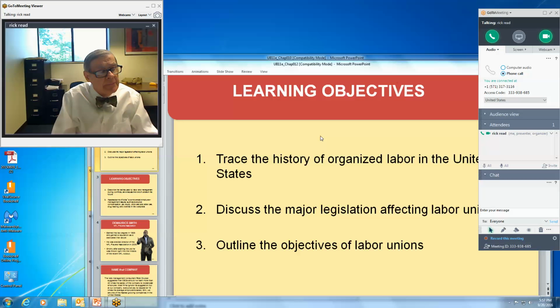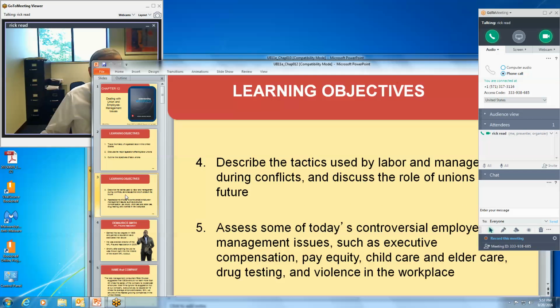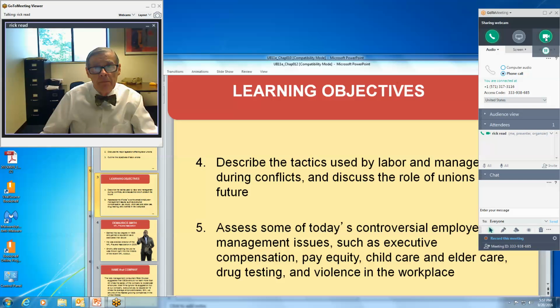All right, chapter 12, dealing with union and employee management issues. The objectives here are to give a brief history of organized labor in the United States, discuss major legislation affecting labor unions, outline the objectives of labor unions, describe the tactics used by both labor and management during conflicts, and look at the role of unions in the future.